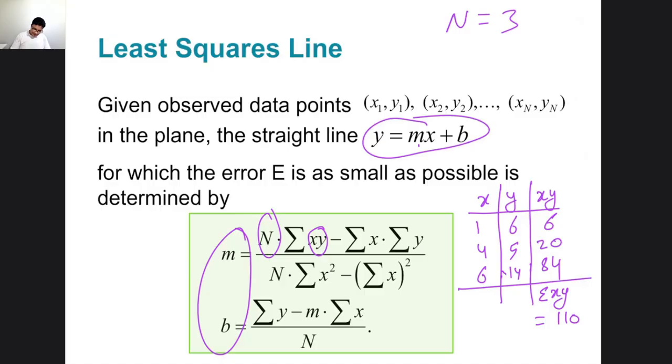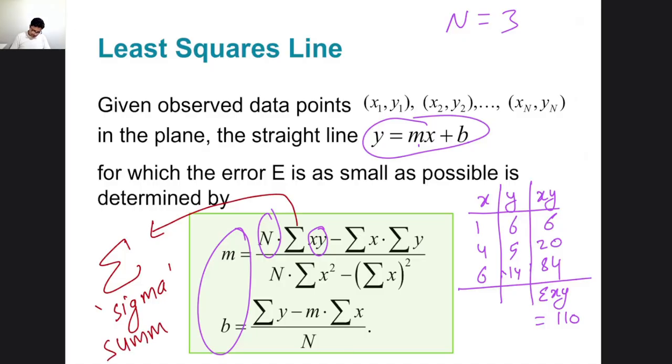I have been saying that, but in case you didn't know, this sigma that you see is the capital sigma in the Greek alphabet, and it's the summation notation. Whenever you see that notation, it basically means you add, take the sum.